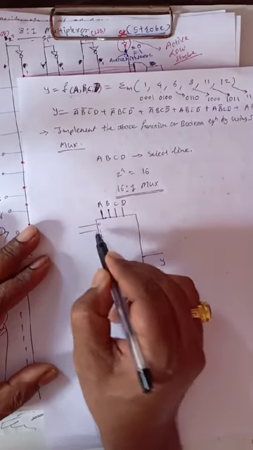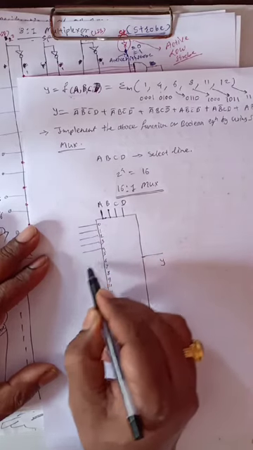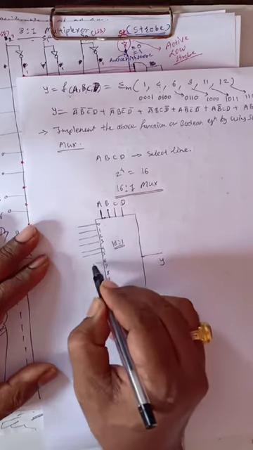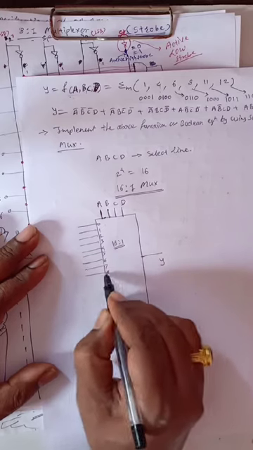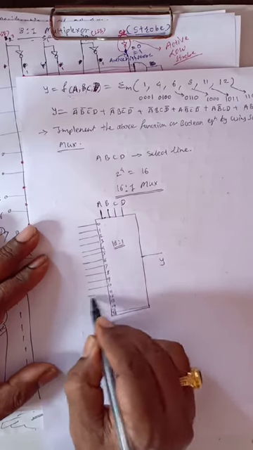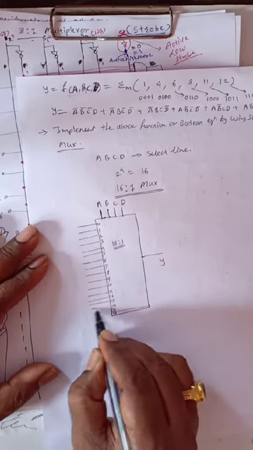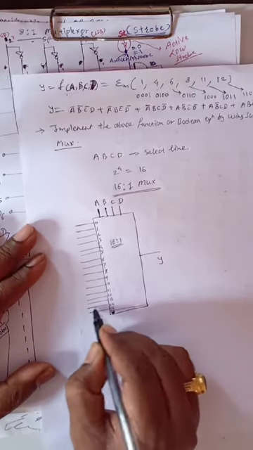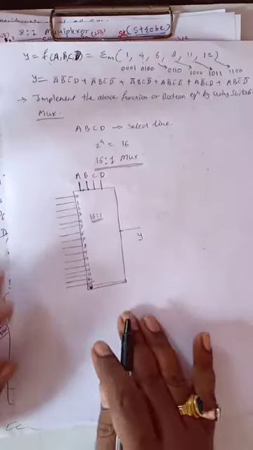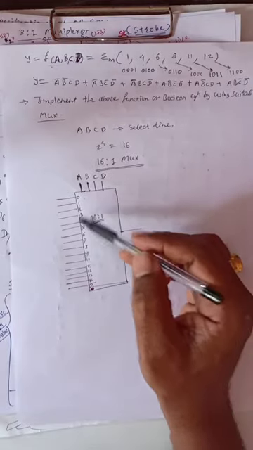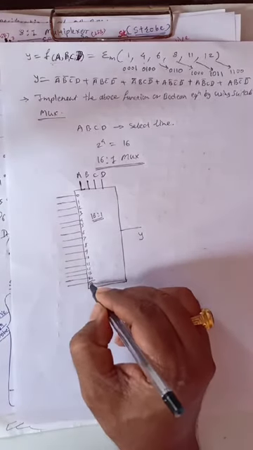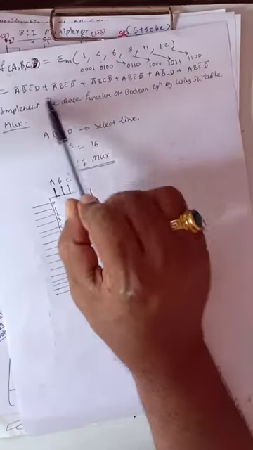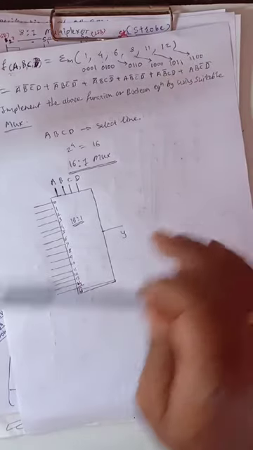Not 16, it is only up to 15. So these are the 16 input lines, 0 to 15. Now we are going to implement this equation by using this multiplexer.